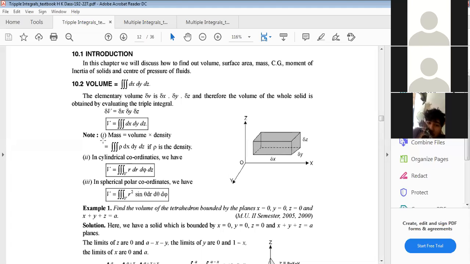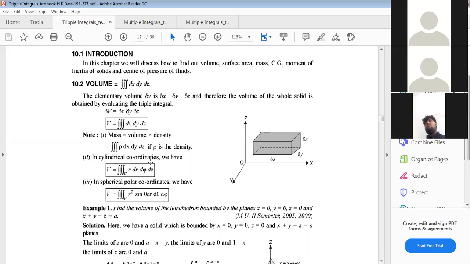But you have to remember that mass equals volume multiplied by density, where rho is the density. So we triple integrate the density times the volume element.